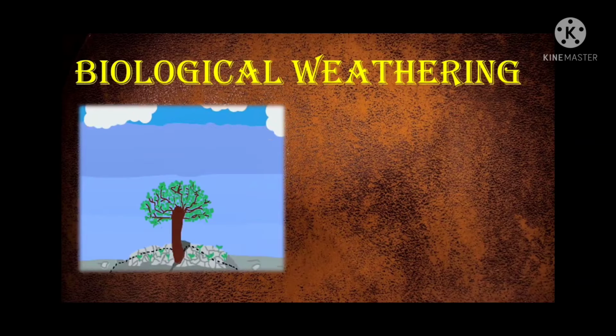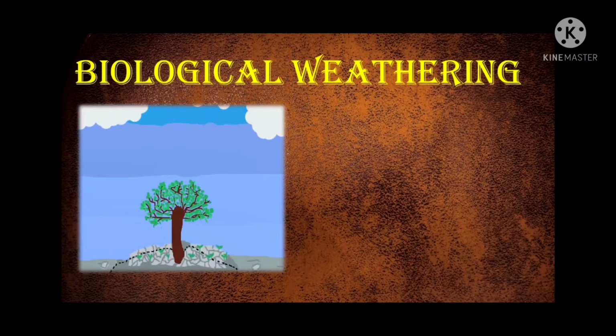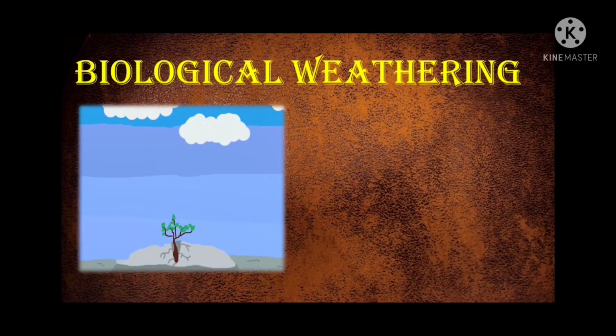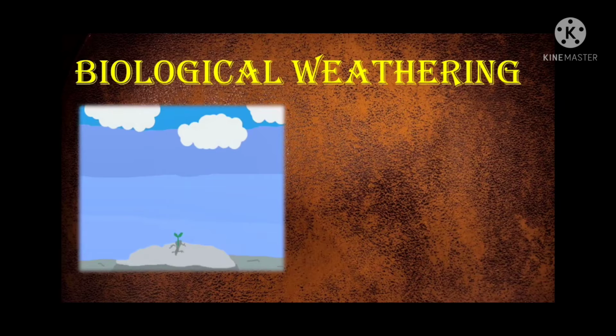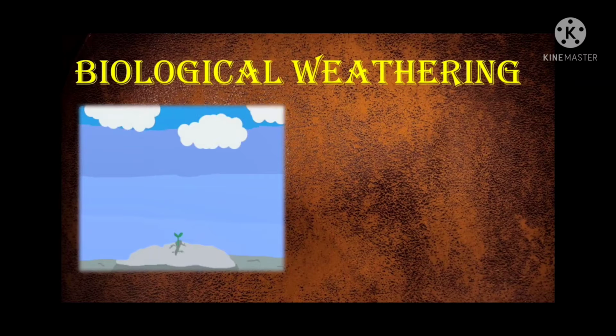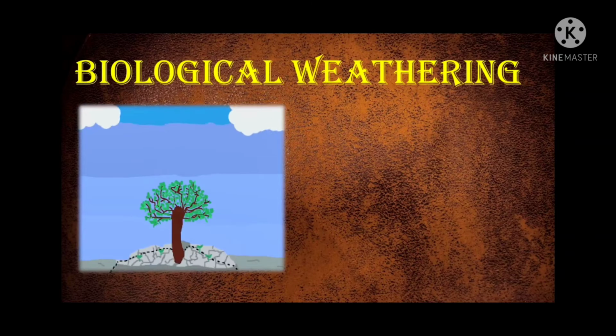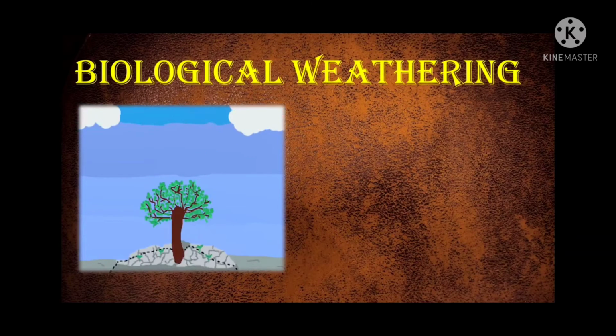As you can see in the image, as per the growth of the plant, the roots of the plant grow between the cracks and crevices. Crevices means gaps of the rocks or a structure. Structures, here we are referring to the buildings.